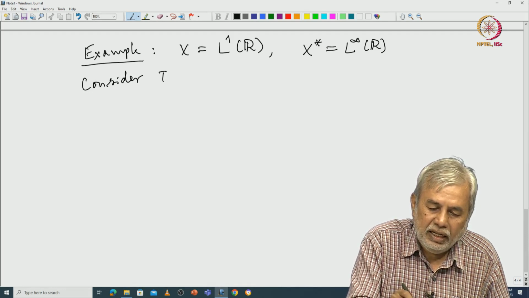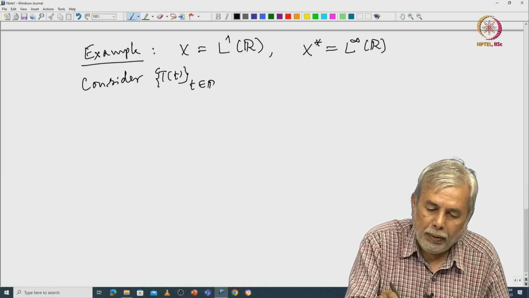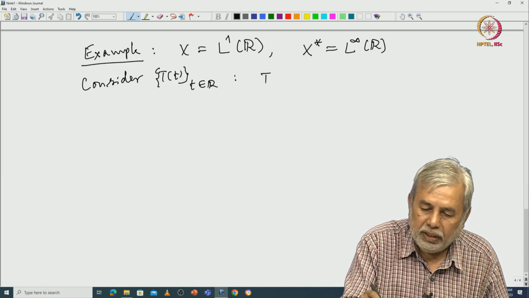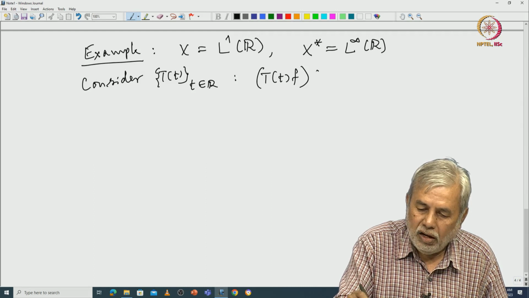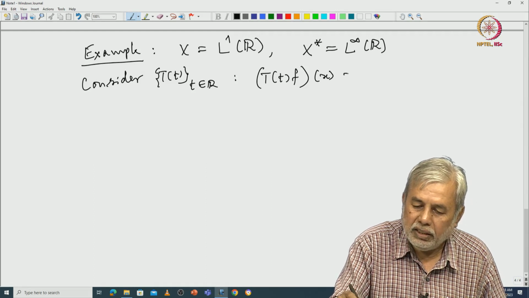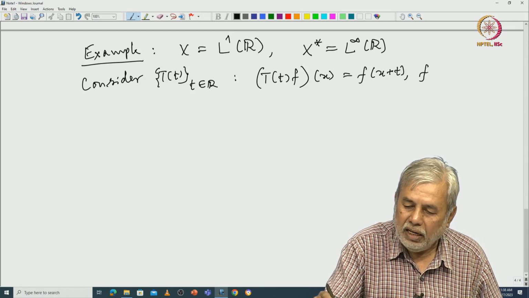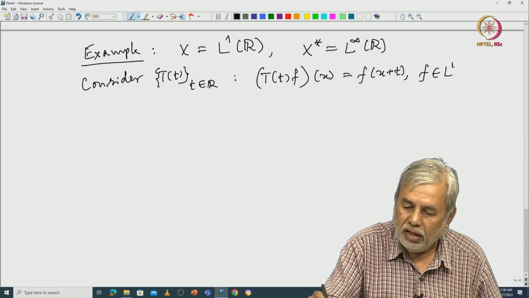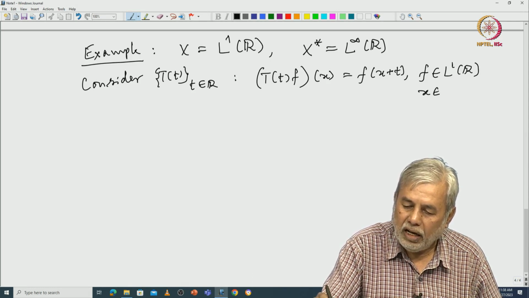Consider T t. Now in fact it is a group. Okay, so no problem. So T t of f at x is f of x plus t. So f is in L1 of R, x is in R, t is in R.